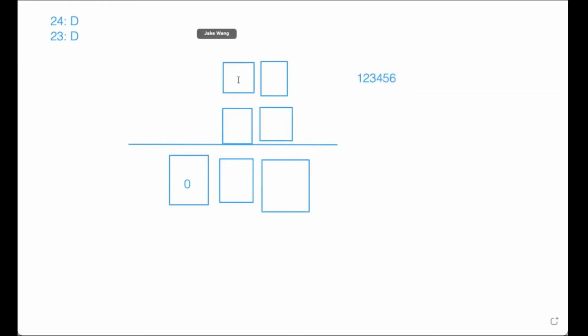So let's try putting 1 and 5, and that adds to 6. We now have that, and what we have left are 2, 3, and 4. And obviously you can't have 2 and 3 add to 4, or 2 and 4 add to 3. So let's clear this and try again.